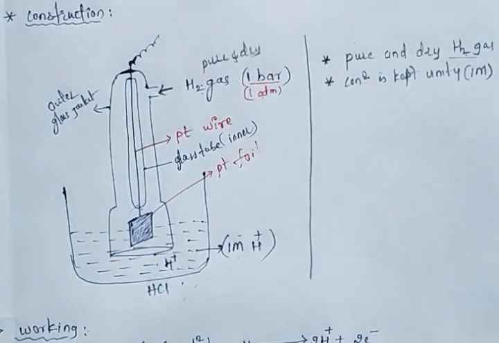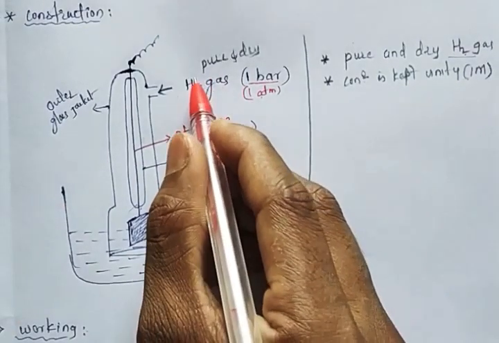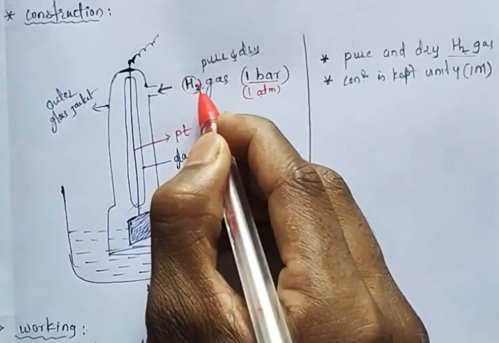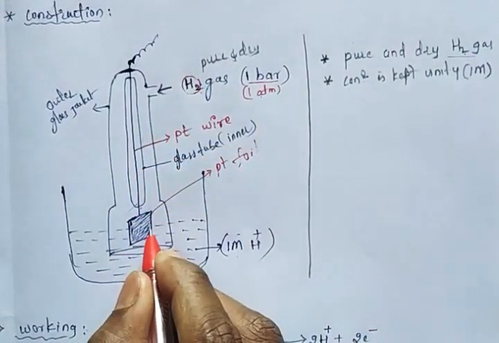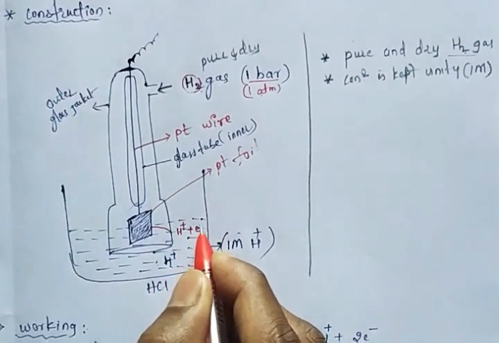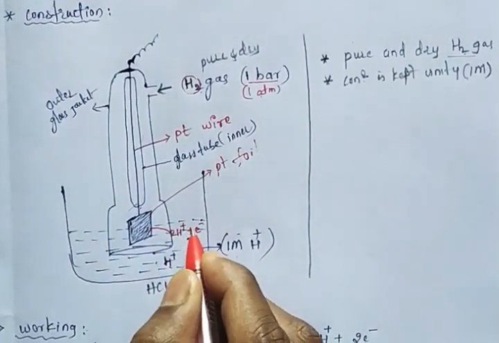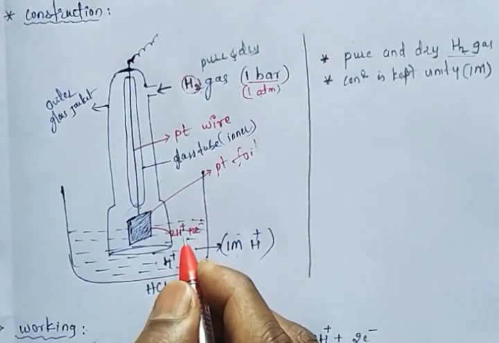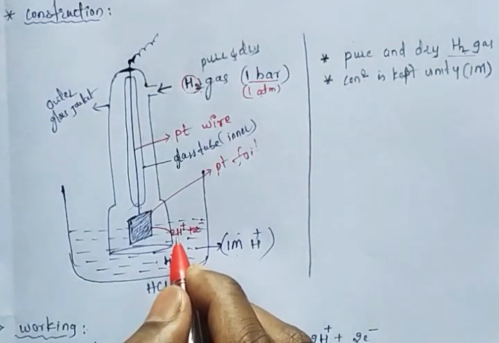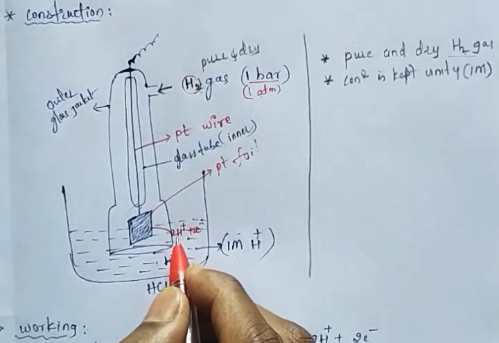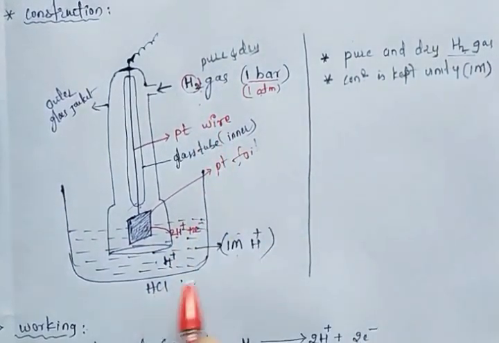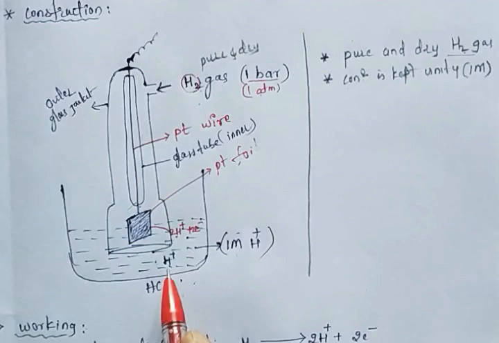Now another H+ enters from this. This is H2 gas; when it undergoes oxidation, it also liberates H+ plus electron from the gas. H+ plus electron ये liberate हुआ है. Now in this solution, the H+ ions produced by oxidizing the hydrogen gas and the H+ ions present in the solution, both the ions are present.